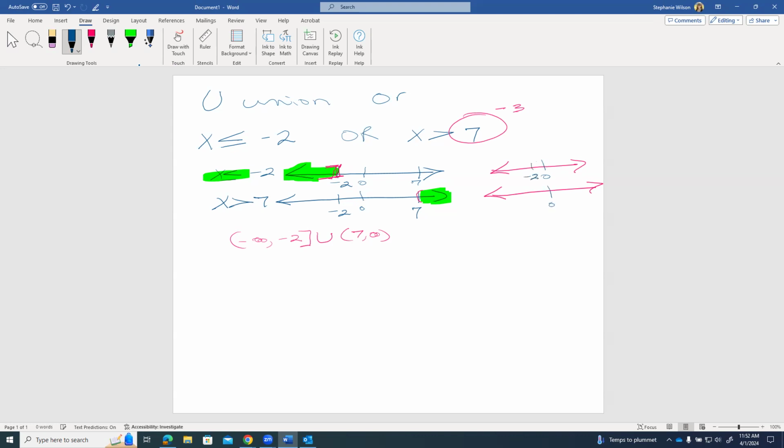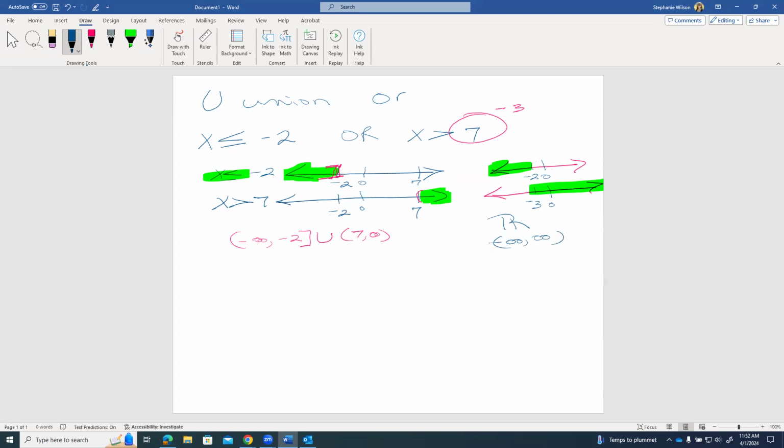Let's go -2 and -3. The first one would have been -2 out to infinity, and then it said x is greater than -3, so it'd go out this direction. In this case, when you overlap it, you see that it covers every point. So this is going to be all real numbers.